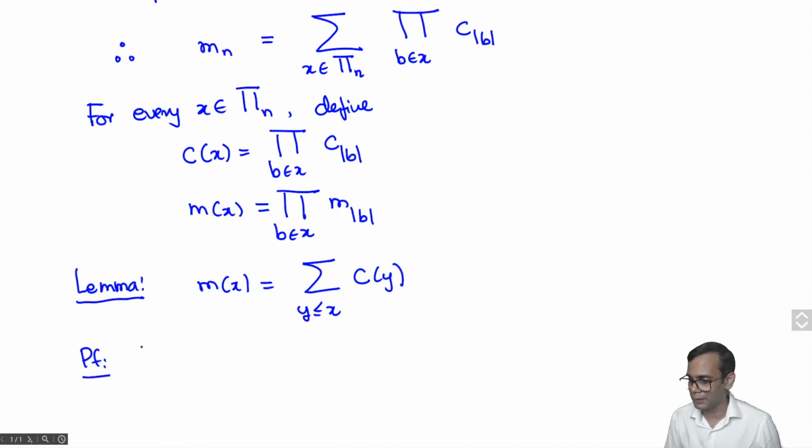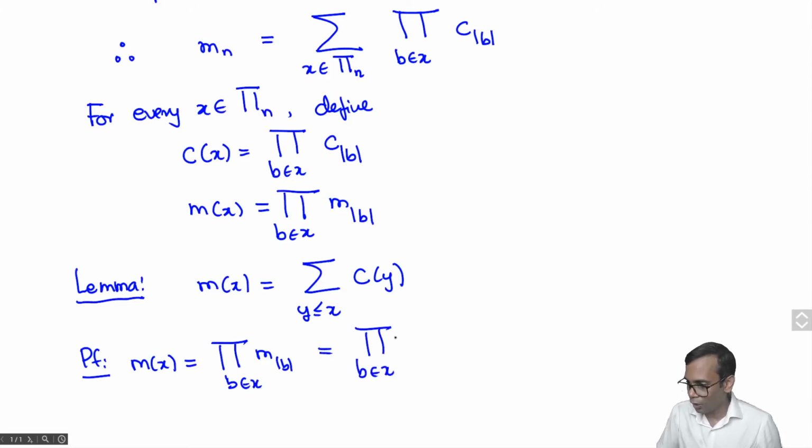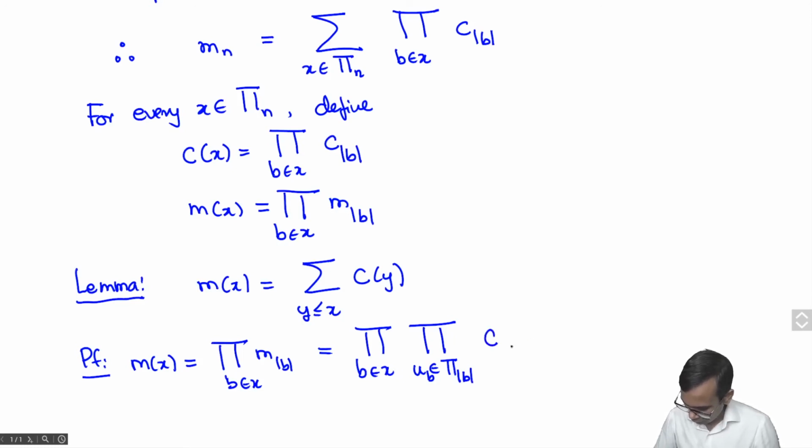The statement is pretty much obvious, because if I take M(X), then this is the product over B belonging to X of M of the size of B. These are graph structures on the blocks of X. For each block, I can write this as a sum over U_B, a set partition of that block, and then I take the product of connected components over that, so C of U_B.